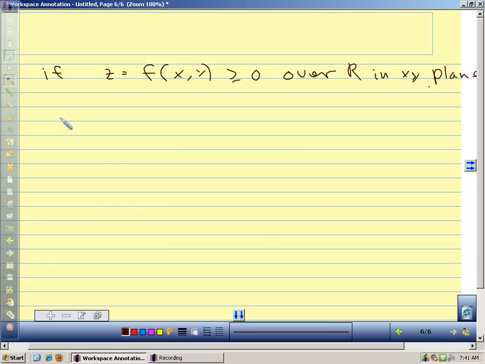Is it possible for the surface area of this function to equal the area of the region? Yes. And if so, how?